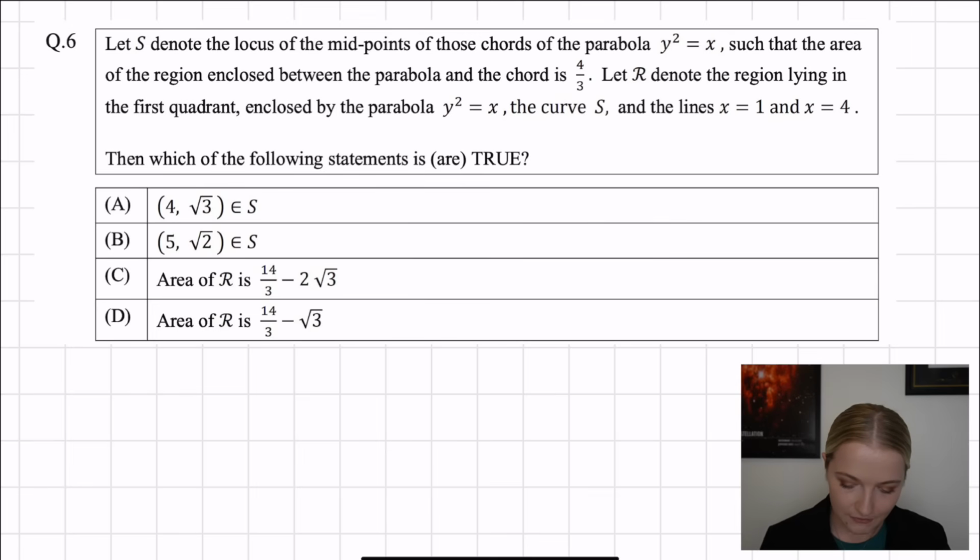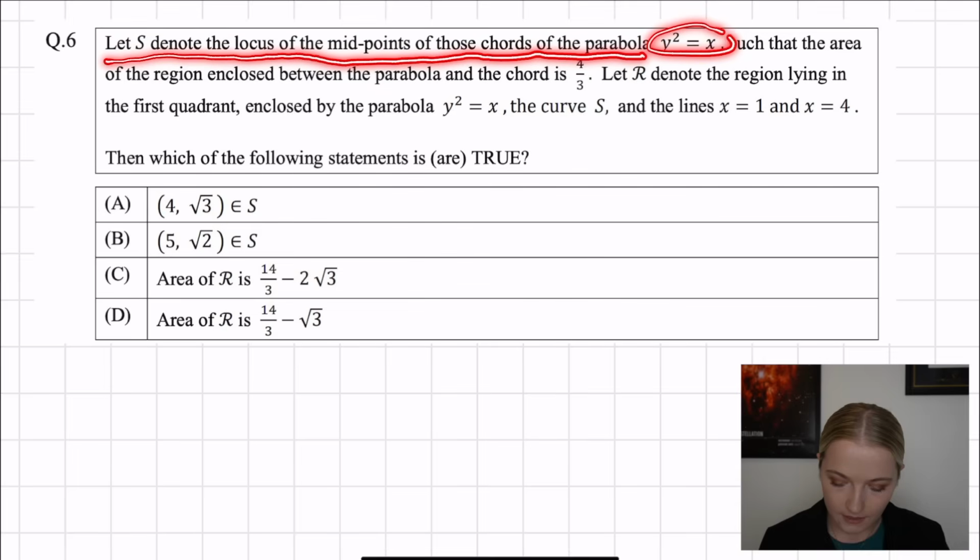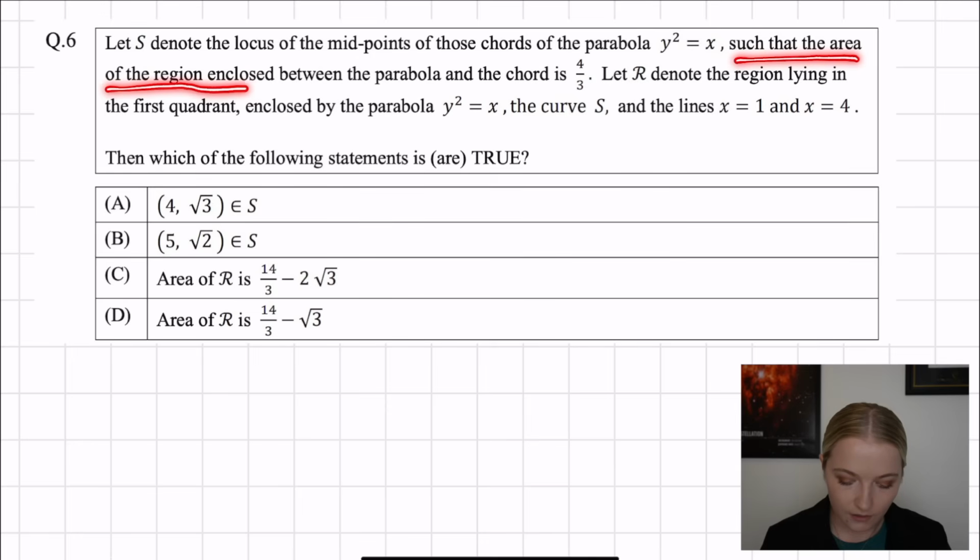So the question itself says, let S denote the locus of the midpoints of those chords of the parabola y squared equals x, such that the area of the region enclosed between the parabola and the chord is 4/3.